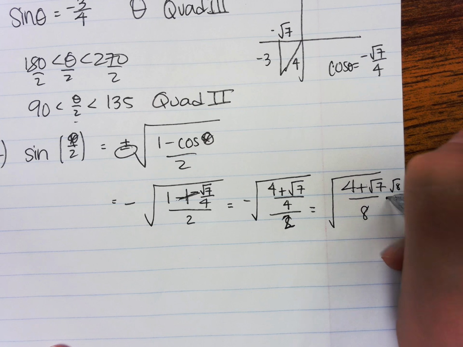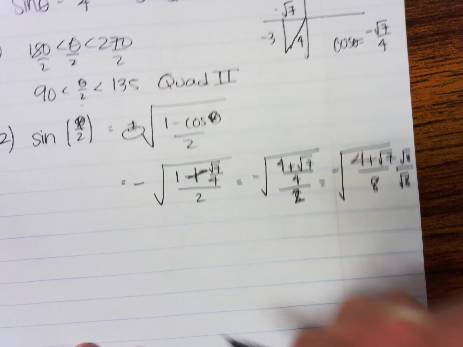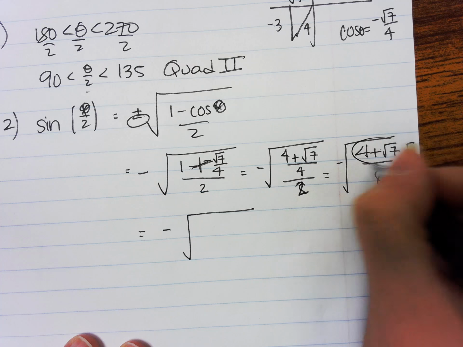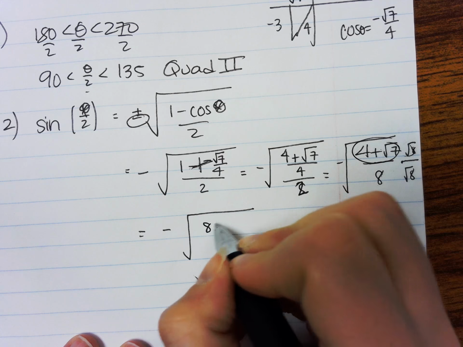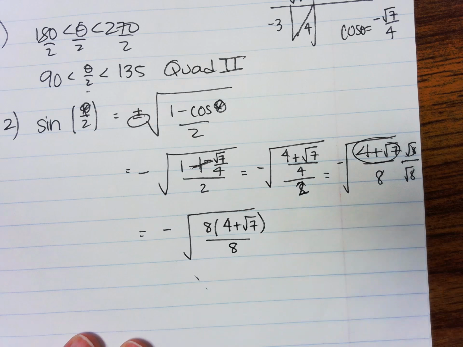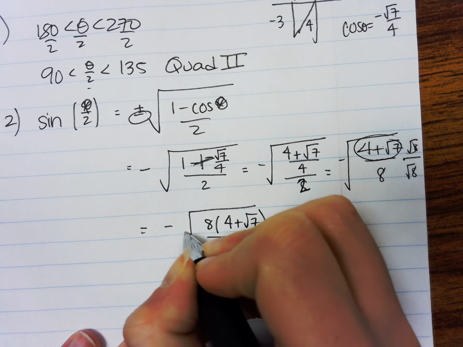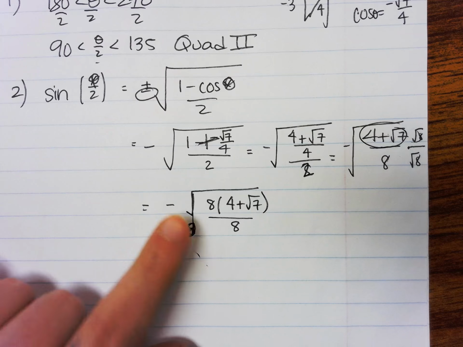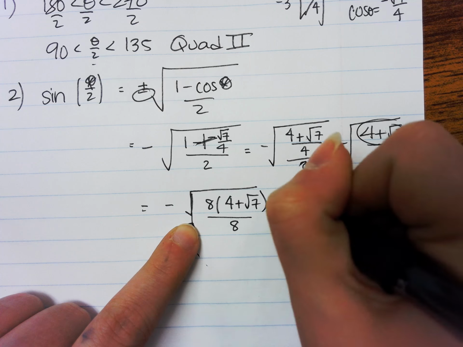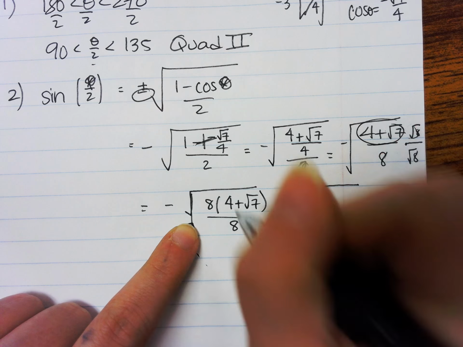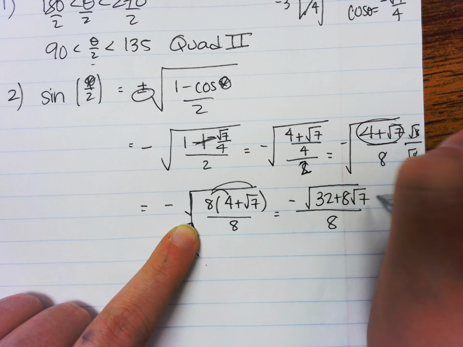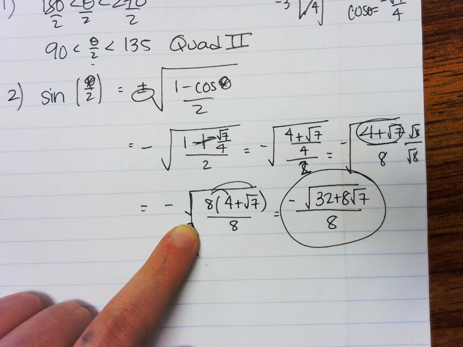And then I'd rationalize this by multiplying by root 8 over root 8. And when I do that, I just multiply the inside. So I'm going to write it this way. 8 times 4 plus root 7 over 8. Sorry, over 8. We rationalize that, so that root should just be on the top. So if I distribute that through, I should get 32 plus 8 root 7 for sine of theta over 2.